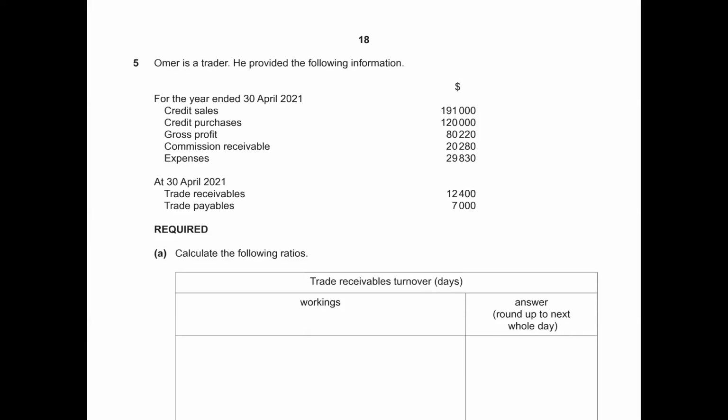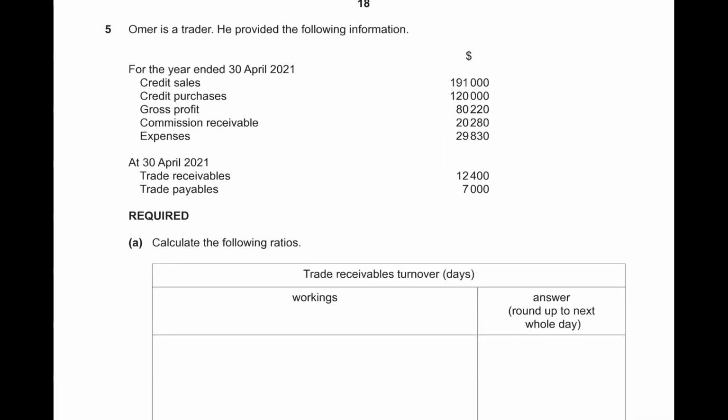Okay. And so the question is reading, Omar is a sole trader. He provided the following information for the year ended 30 April 2021.